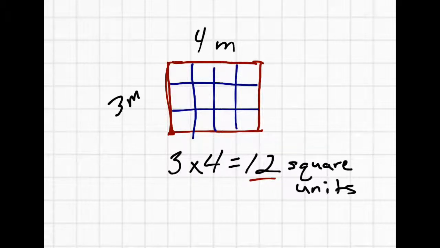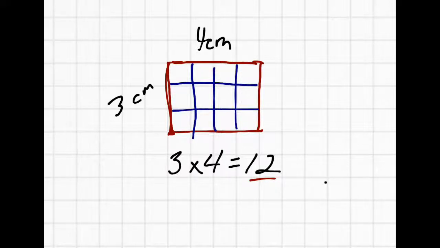And if it was centimeters, then you could fit this square easily in the palm of your hand. And even though they all have 12 square units, they're very different sizes. So here, instead of calling it 12 square units, we would call it 12 square, and we're going to write SQ for square, centimeters.